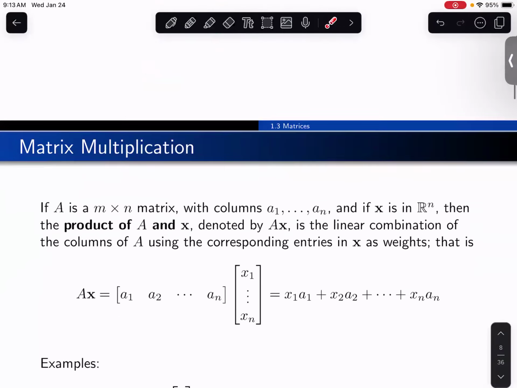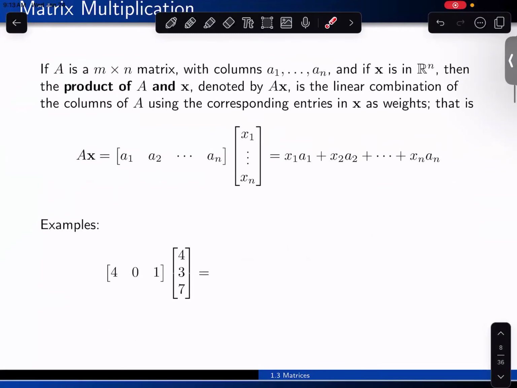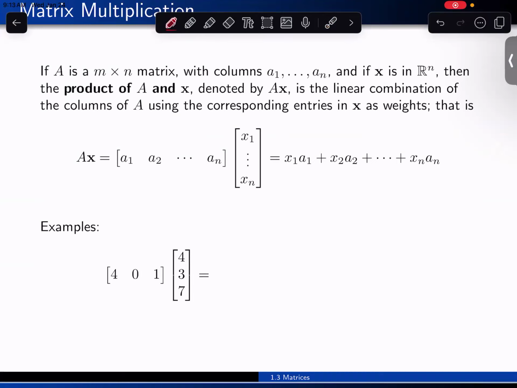And so we'll look through a specific example. This isn't the most interesting example, in that this is just going to be a dot product of two vectors, but we'll look at more interesting examples later on. If we wanted to multiply these two matrices together, it's going to be the dot product of 401 with 437.